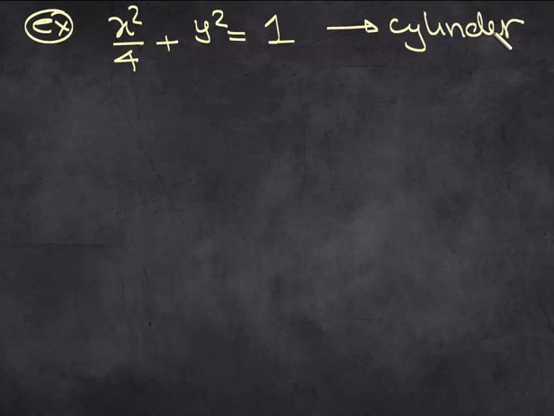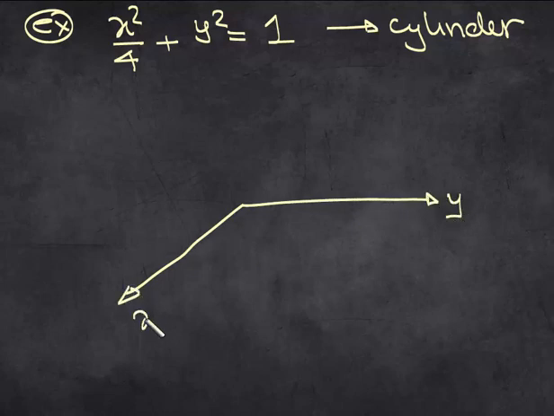This time we're going to extend it in the z direction. So we're going to start with an ellipse in the xy plane, because that's going to be my trace. This is an ellipse where the one axis is 2 and the other axis is 1.